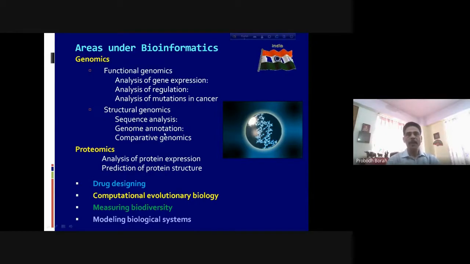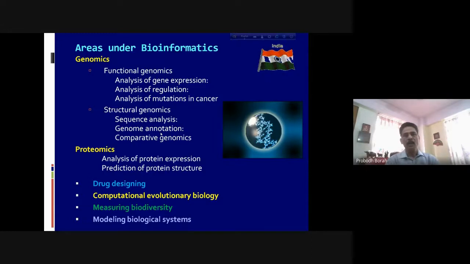What is genome annotation? Annotation, in simple terms, can be compared to labeling. That means annotation means establishing the role of different components of a gene or genome sequence in terms of its functional characteristics.